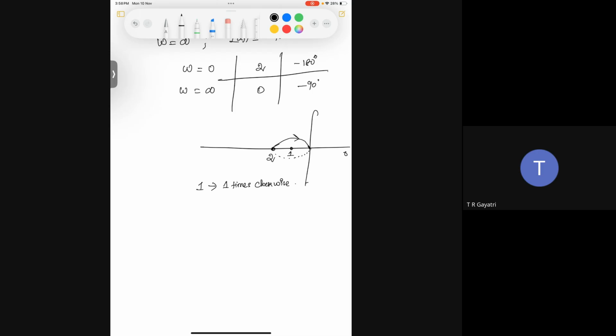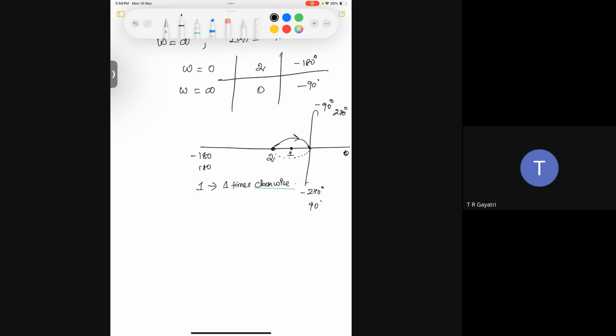If I take 90, 180, it's correct. Minus 90 would be above only. Otherwise it would be like this: 90, 180, 270. This is the negative direction, minus 180.